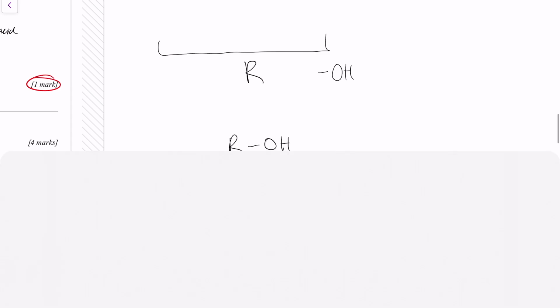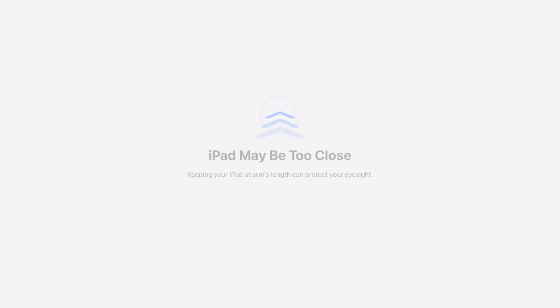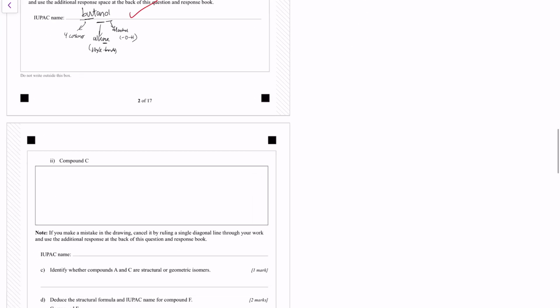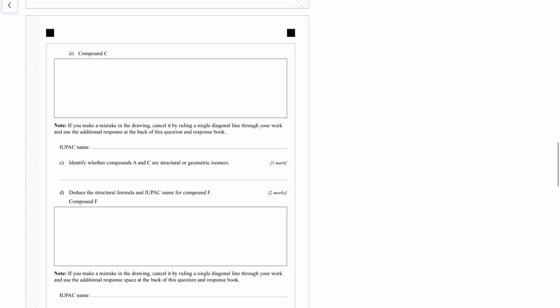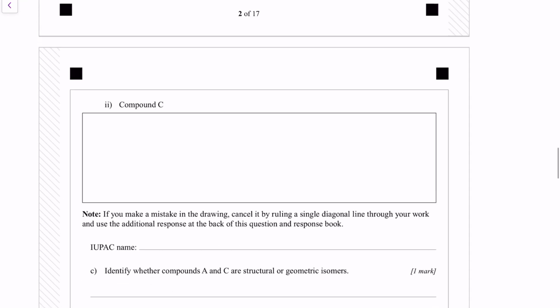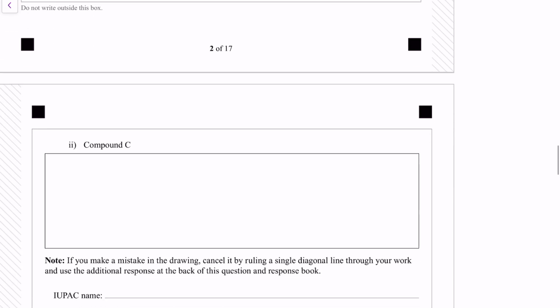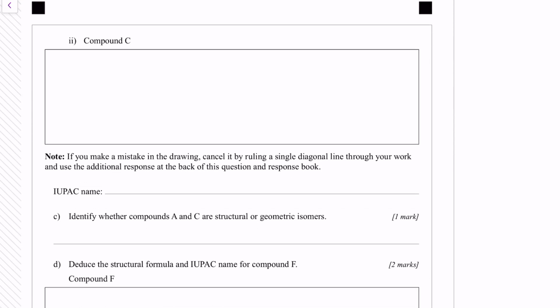Now this OH group can be moved around and essentially become an isomer, as long as you keep it all consistent and you have all your compounds, right? So instead of putting my OH on the first carbon, because this would be our first carbon, what if I put it on the second carbon, right?